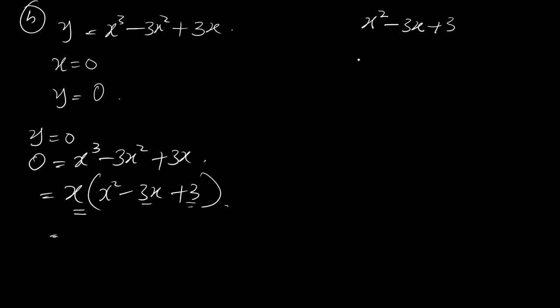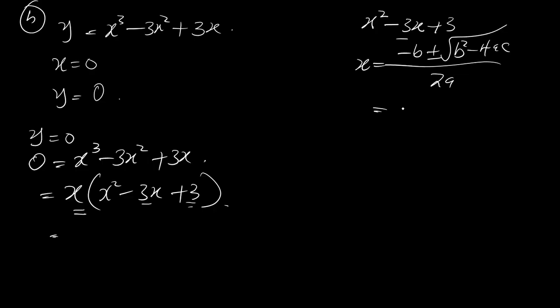Now if you use the quadratic formula, you have minus b plus or minus the square root of b squared minus 4ac all over 2a. Now you have b to be equal to minus 3.